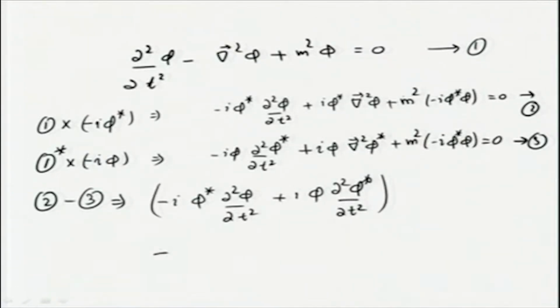Now, plus i phi star grad square phi minus i phi grad square phi star equal to 0.